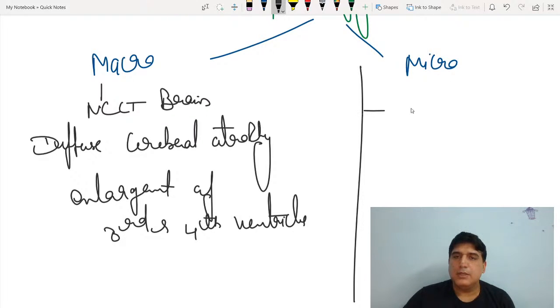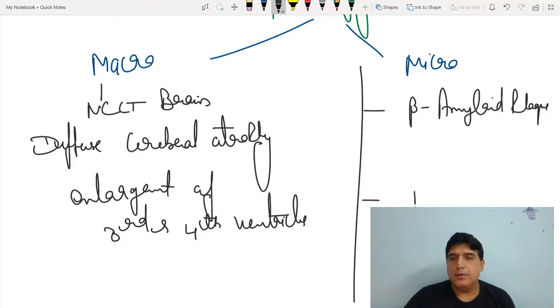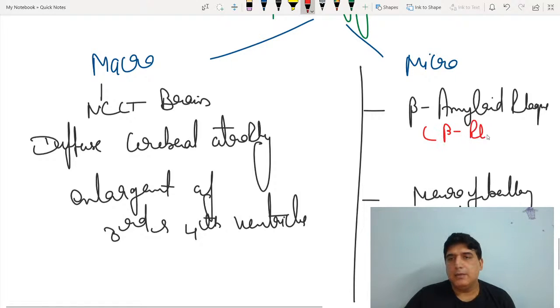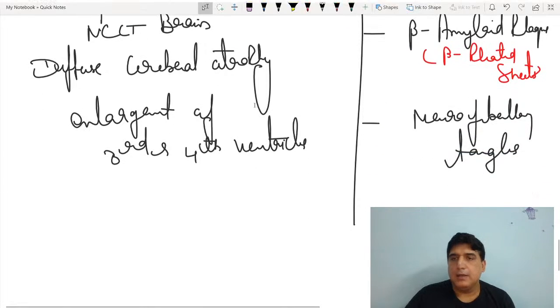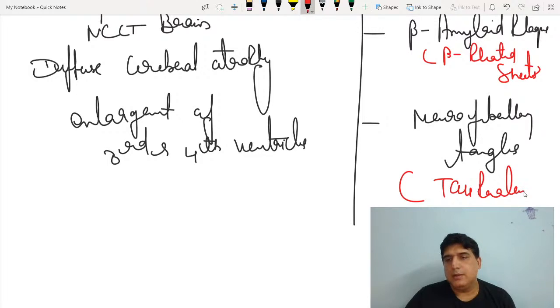In micropathology, we have beta amyloid plaque and neurofibrillary tangles. Beta amyloid plaque is made up of beta pleated sheets. Neurofibrillary tangles are made up of tau protein.